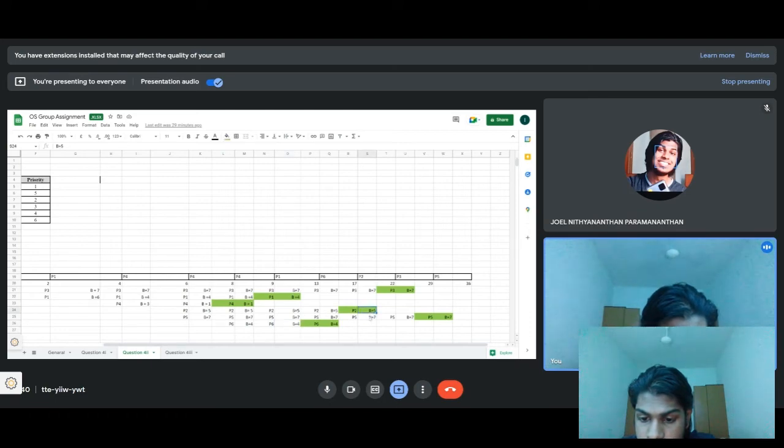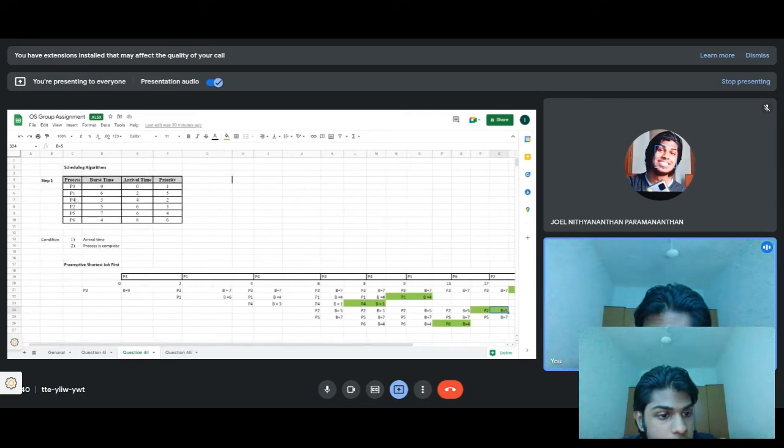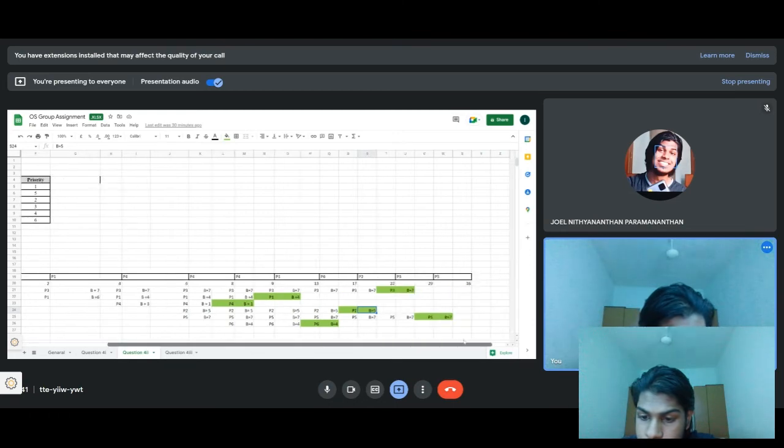But first we'll choose the lowest burst time here, and we'll be terminating process 2 here, and adding 17 plus 5 is 22. Process 3 burst time 7, process 5 burst time 7, both have the same burst time. We'll see the lowest priority, which is process 3.